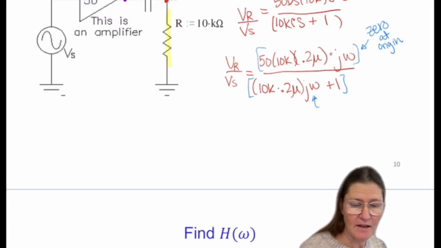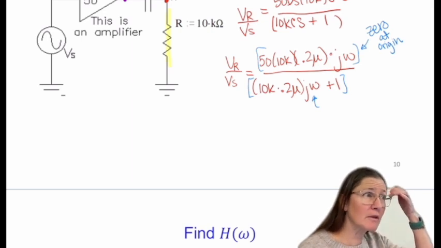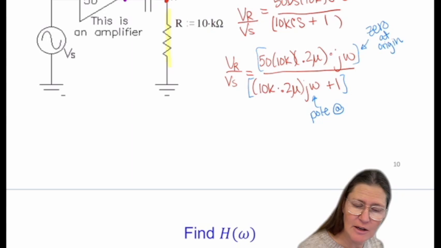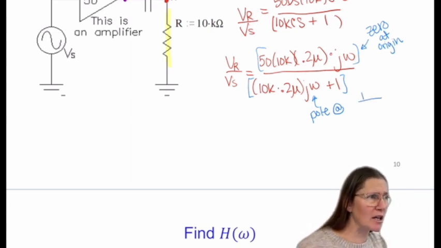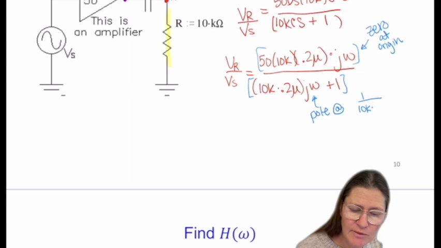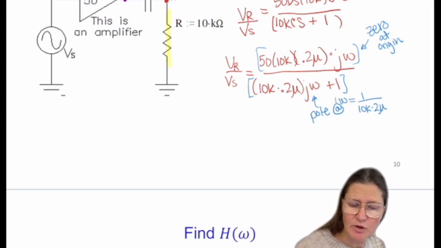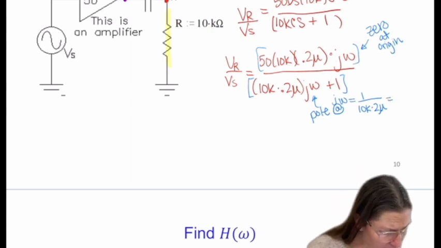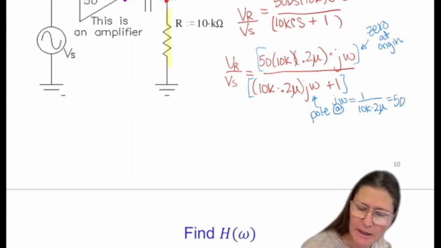And is this a pole or a 0? Thank you. So the bottom is a pole. I have a pole at 1 over, and again, I don't write the negative because I'm always taking the magnitude, 1 over 10K times 0.2 micro. So when omega, or j omega, equals this, this value is 500 radians per second.